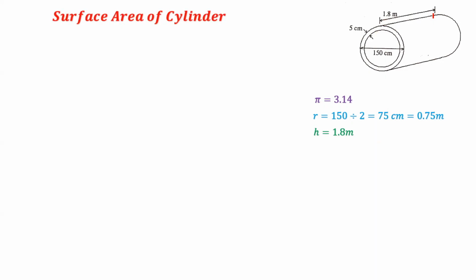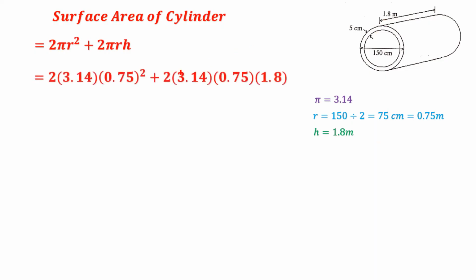Okay, now let's figure out the surface area of the cylinder. We know it's 2 pi r squared plus 2 pi rh. We substitute our values. Pi is 3.14, r is 0.75 squared, and we have 2 times 3.14, which is pi, times 0.75, which is the radius, times 1.8, which is h.